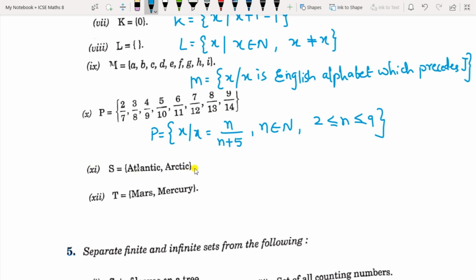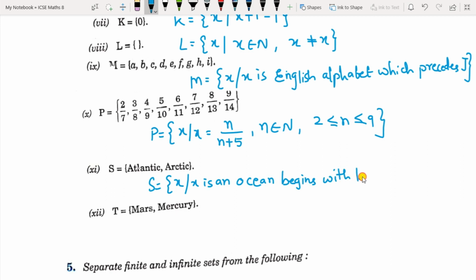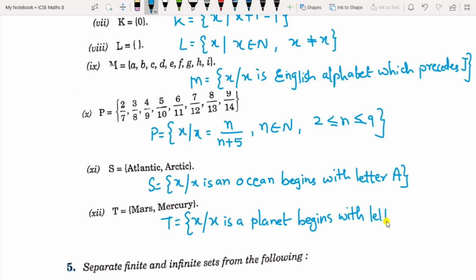It is an ocean, begins with the name A. So it is a set of oceans that begin with the name A. So S equal to x such that x is an ocean that begins with letter A. And this one T equal to x such that it is Mars and Mercury, planets starting with M. So x is a planet that begins with letter M. Okay. So this way you have to solve question number 4.